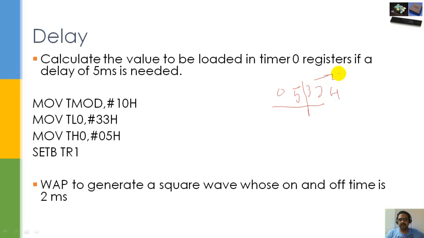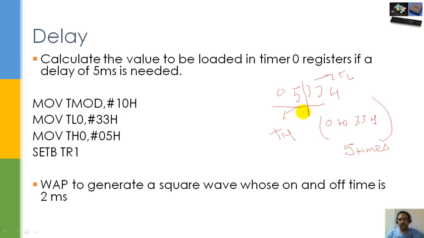So 33H will go to the TL register. And 05H will be written to the TH register. So what does this indicate? The timer will count from 0 to 33H. How many times? 5 times. That is what this indicates.